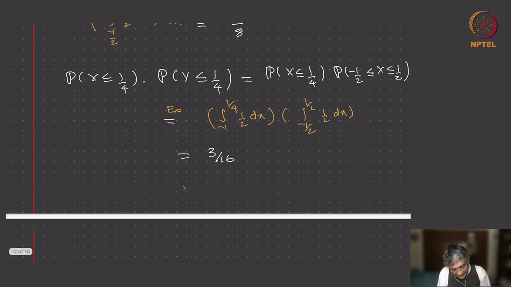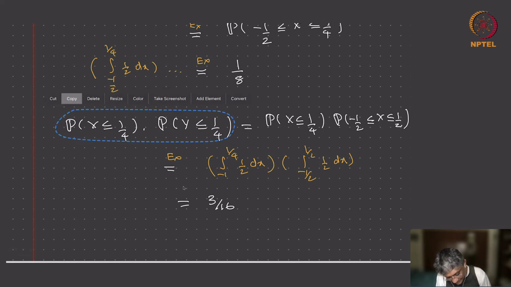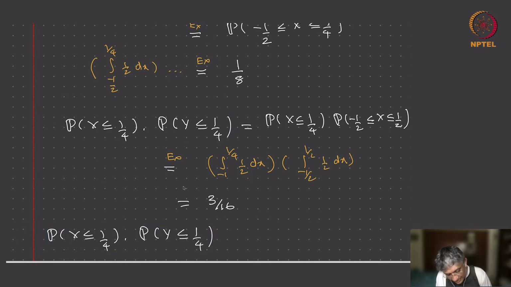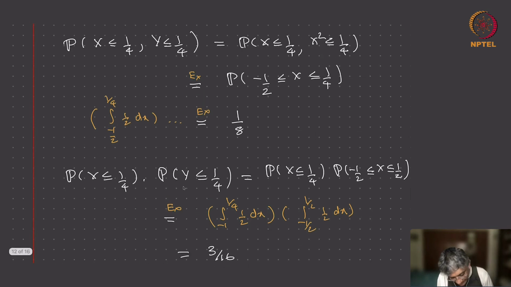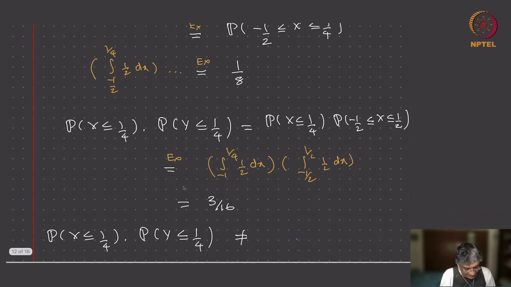So clearly the probability X less than a quarter and Y less than a quarter is not equal to the probability X less than or equal to a quarter times the probability Y less than a quarter. So the joint probability is not the same as the product of probabilities.